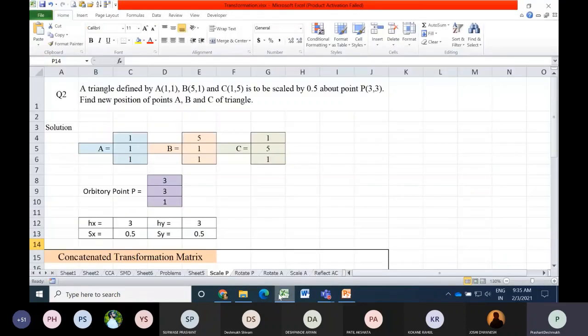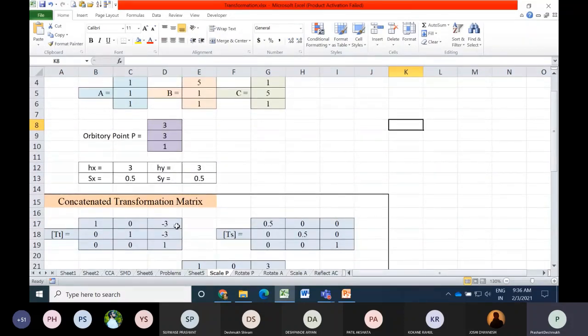Now we will see it in a calculation mode. So these are the three coordinates. Here hx, hy will be 3, 3. What I have mentioned here is minus hx, hy. You can simply put minus 3 here, or simply this coordinate multiplied by minus 1.